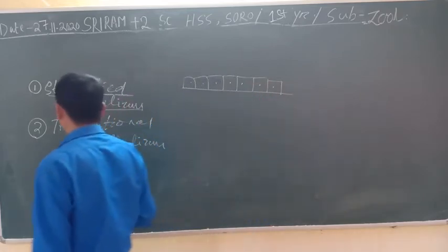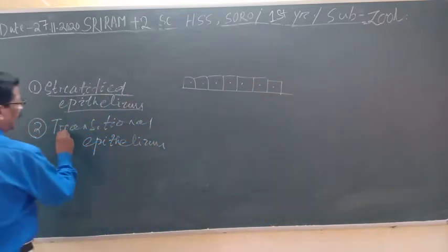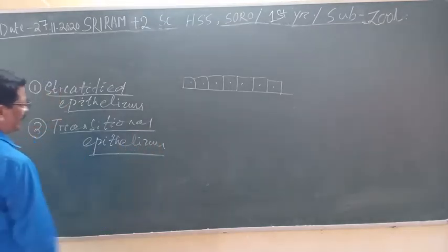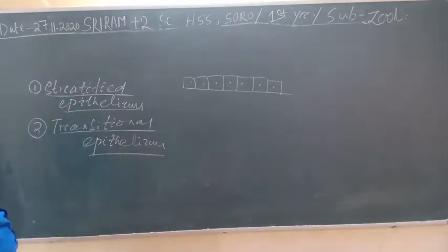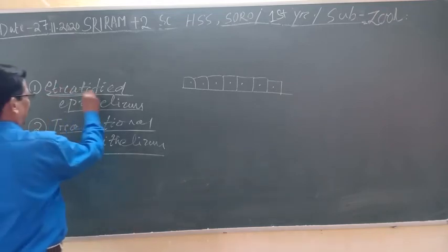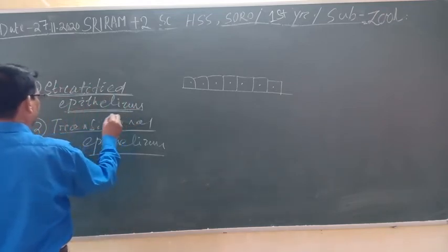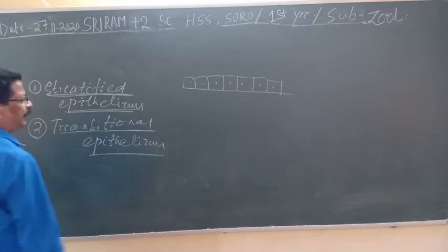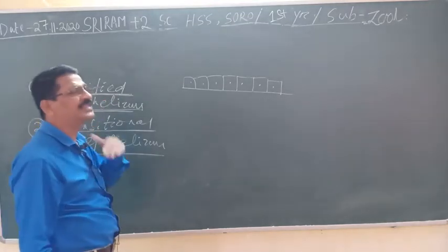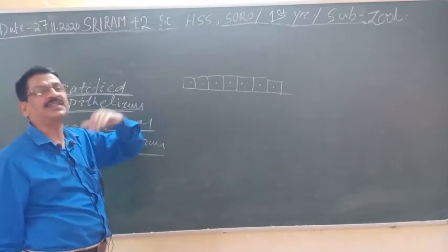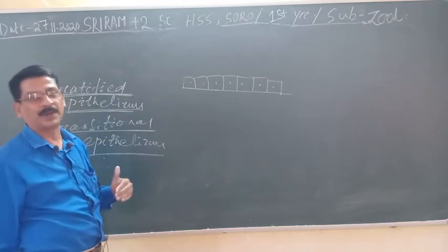At the time of classification, the animals of the amphibian group are a transition between water and land, so they are amphibious. Similarly, the transitional epithelium is in between the simple epithelium and the compound epithelium.